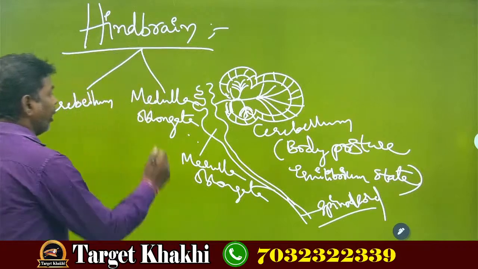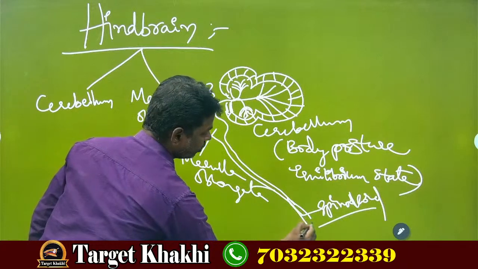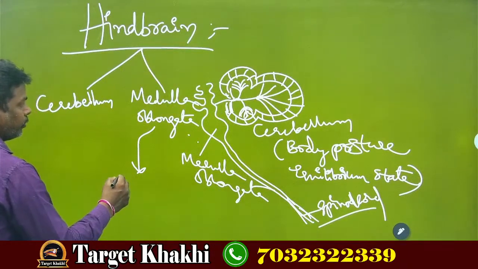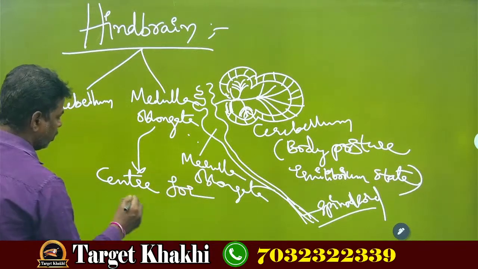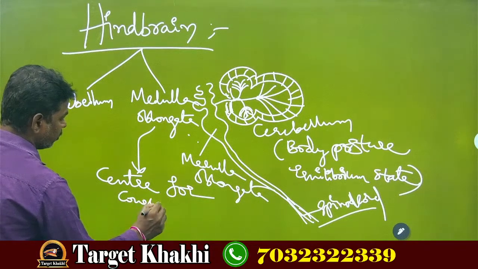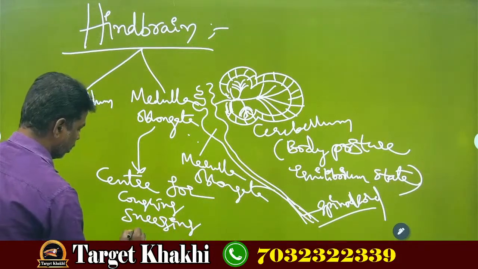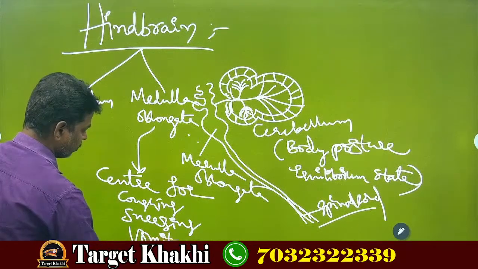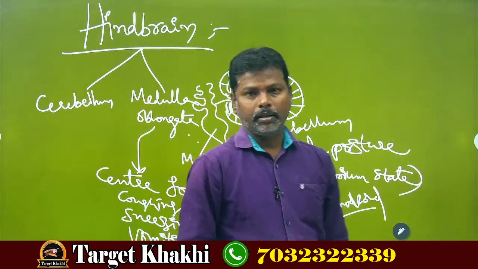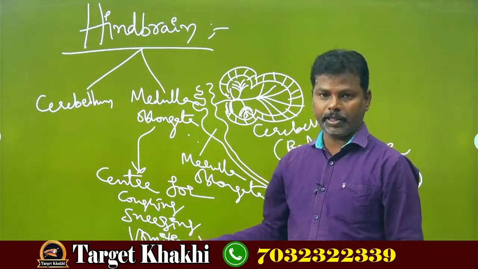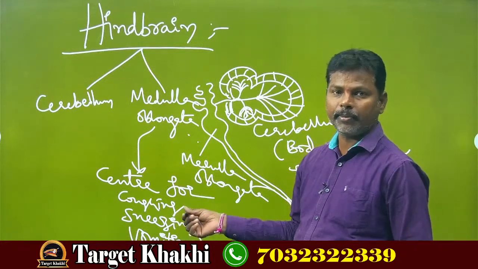Now let us see. Medulla oblongata not only extends as the spinal cord, it is the center for coughing, sneezing and vomiting. These actions are under the control of medulla oblongata.